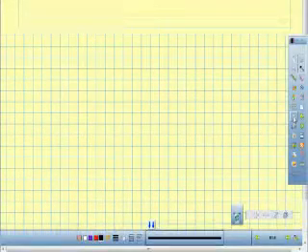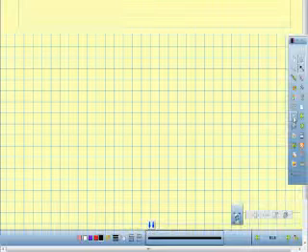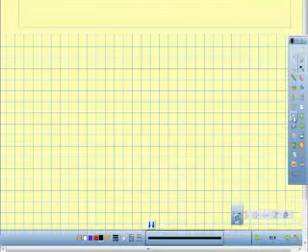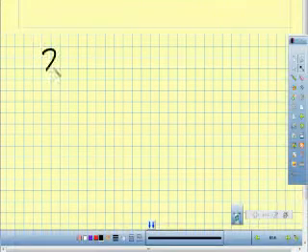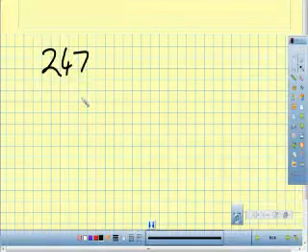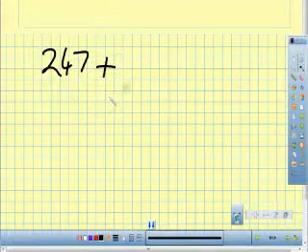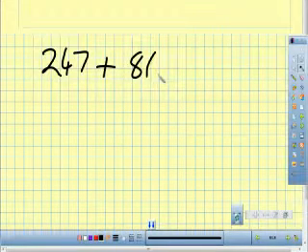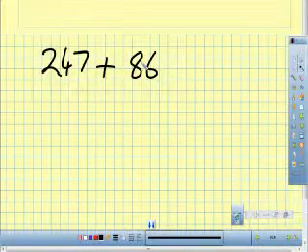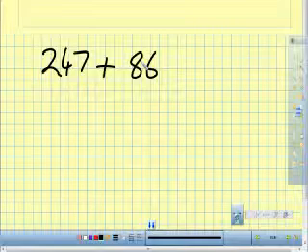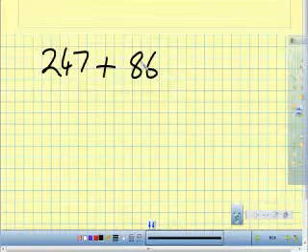Okay, so let's try it with another one. This time I'll only round and compensate on one of the numbers, and you'll see how that works out. So I've got 247, and I'm going to add 86 to it. I've got to decide which one I'm going to round.